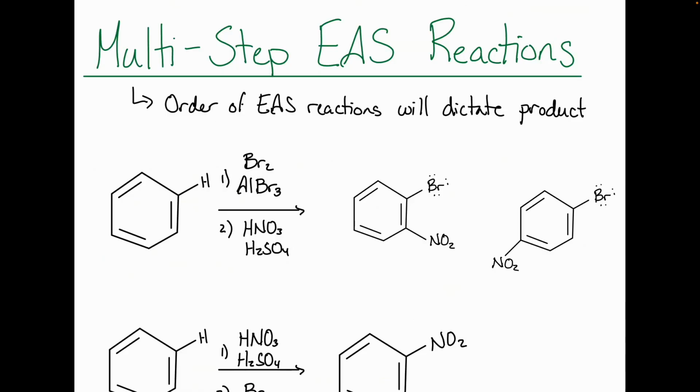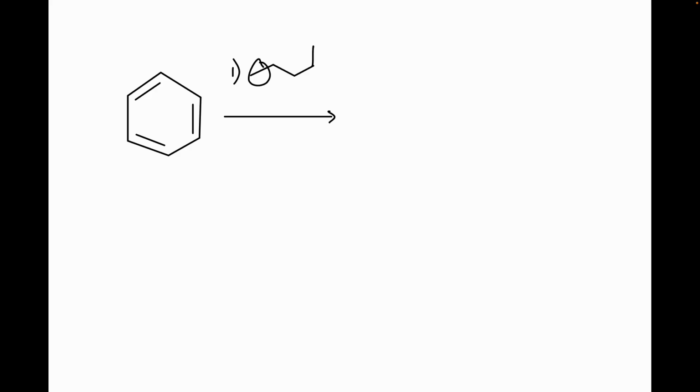So let's take all that and see if we can do one of these multi-step reactions that we were talking about. We'll try to practice a few more of those reactions that we talked about. Let's do first a Friedel-Crafts acylation reaction.